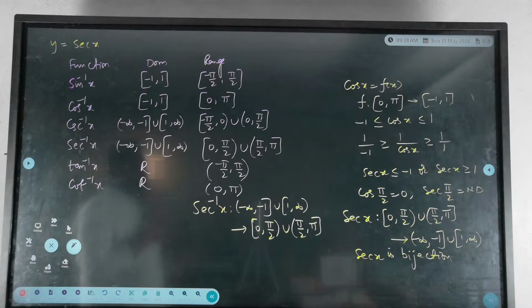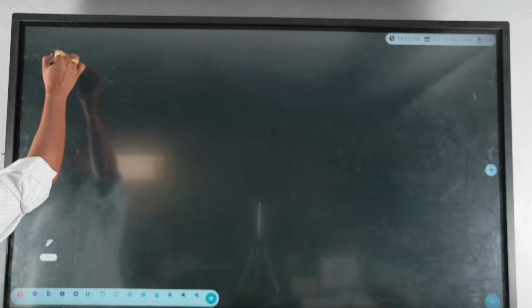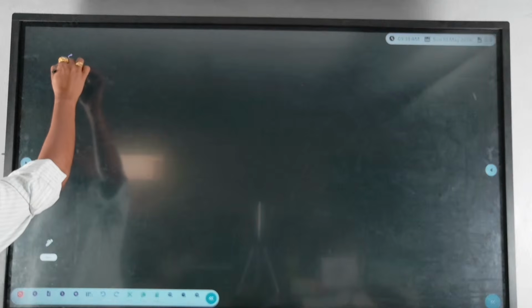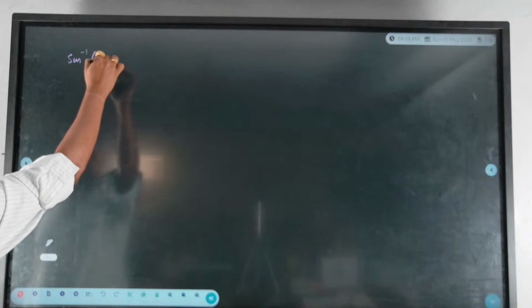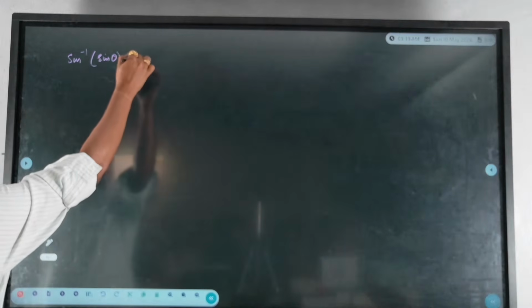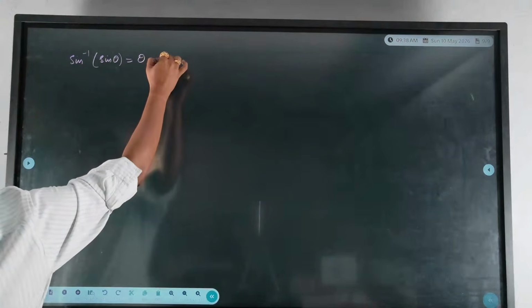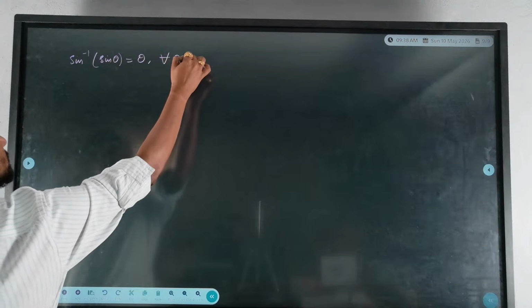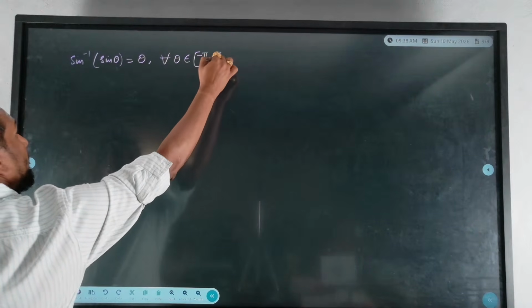So now we'll see some properties of inverse trigonometric functions. Sine inverse of sine theta is equal to theta for all theta belonging to closed minus pi by 2 to pi by 2.